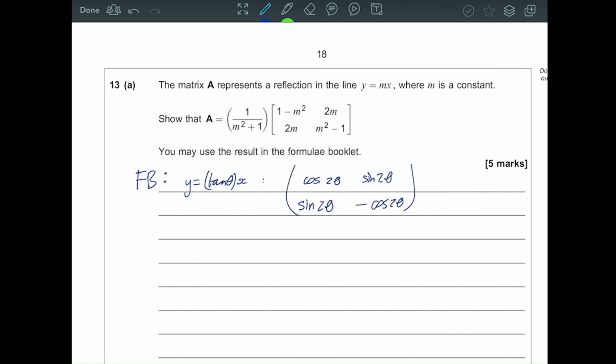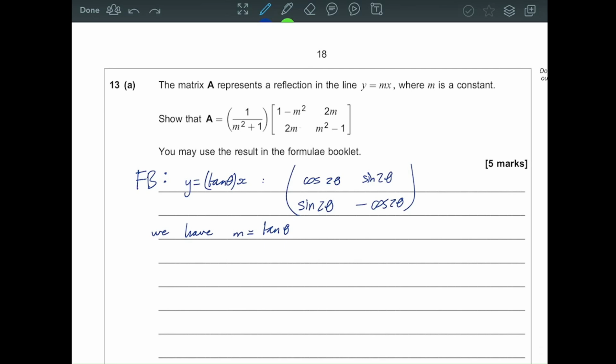Okay, so I want to rewrite this, but with m's. We have m is tan theta. So I'm aiming for sine 2 theta and cos 2 theta in terms of this stuff. And things we can notice straight away: that these are identical as we hoped, and these two are opposite signs, which is what we hoped.